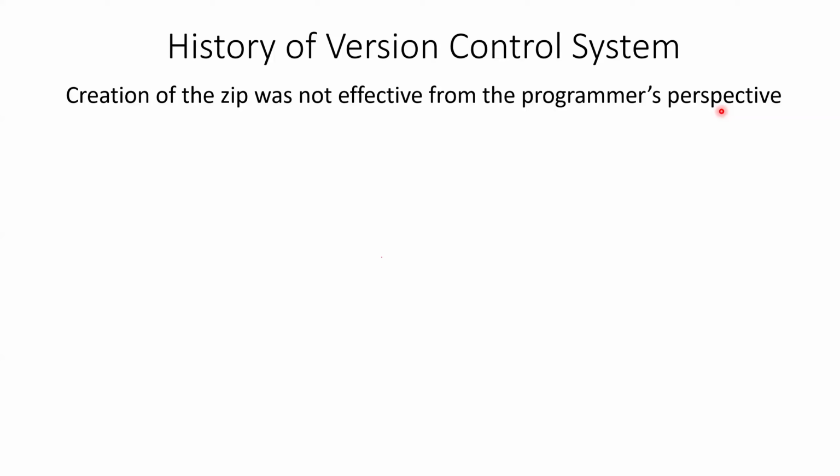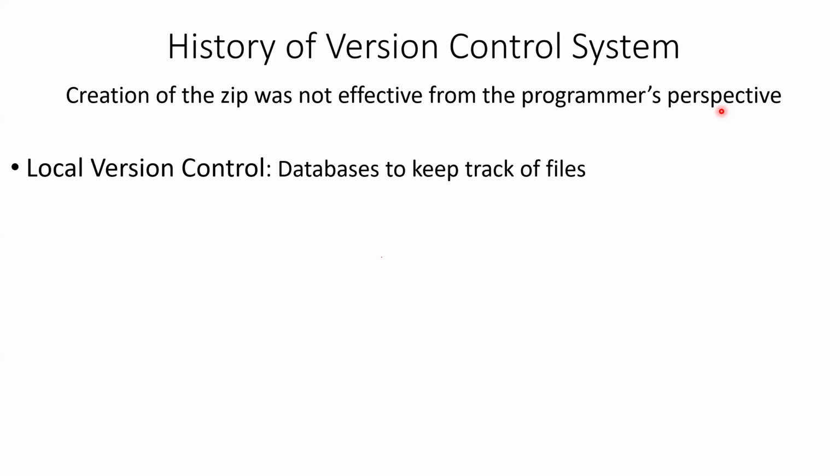It takes a lot of space, it is very inefficient, and it is very difficult to track everything. So the very first thing they created is called a local version control system.